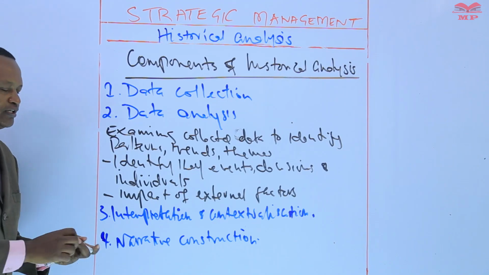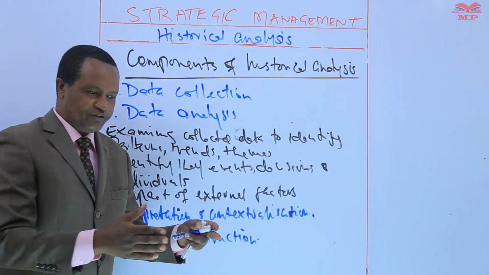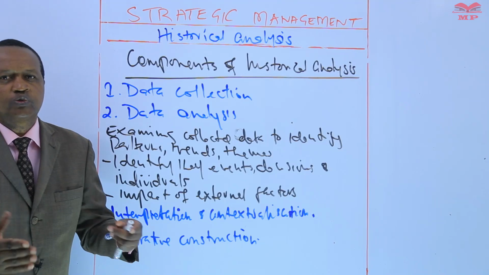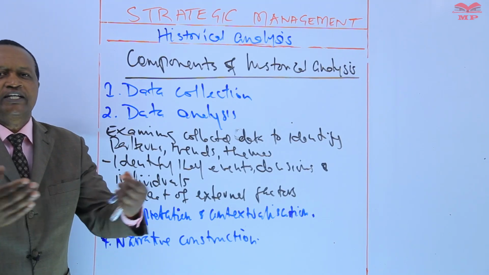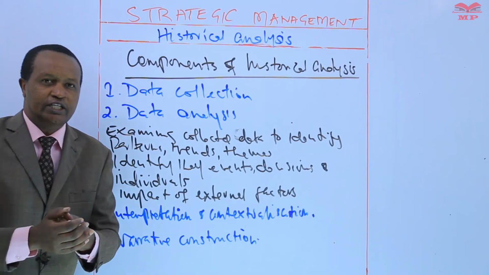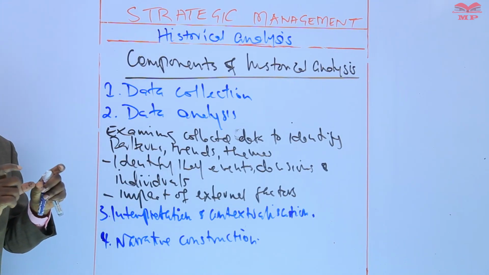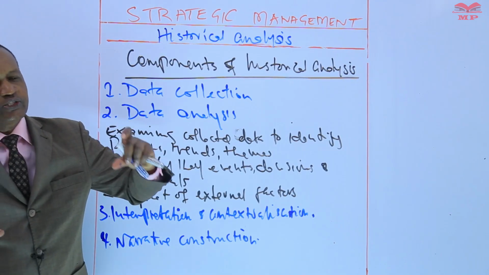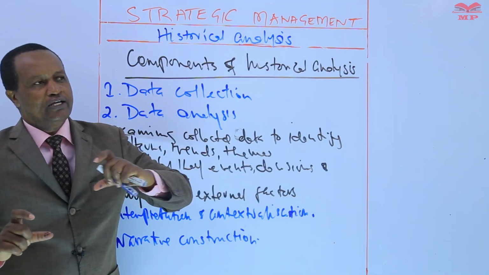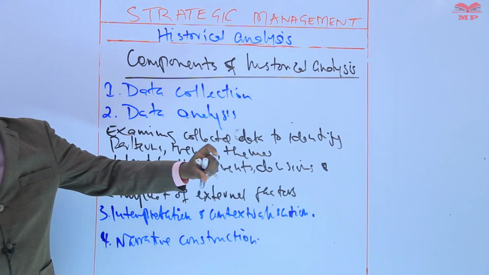That is to say, trying to weave together the various pieces of information into a coherent narrative that explains the organization's evolution over a period of time since its inception.